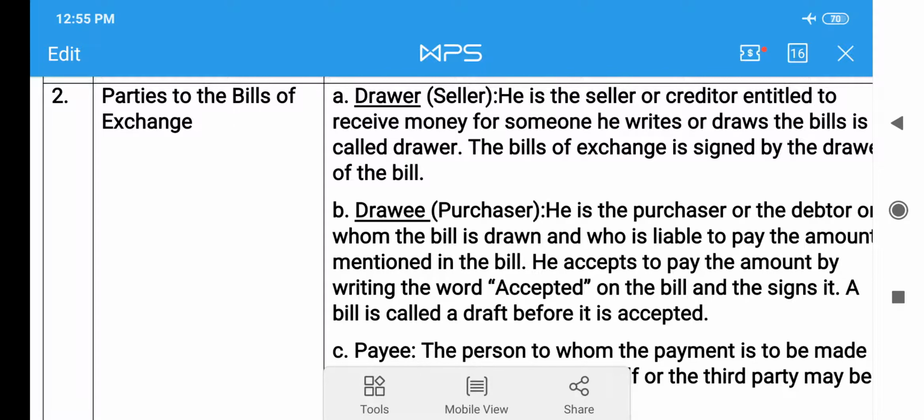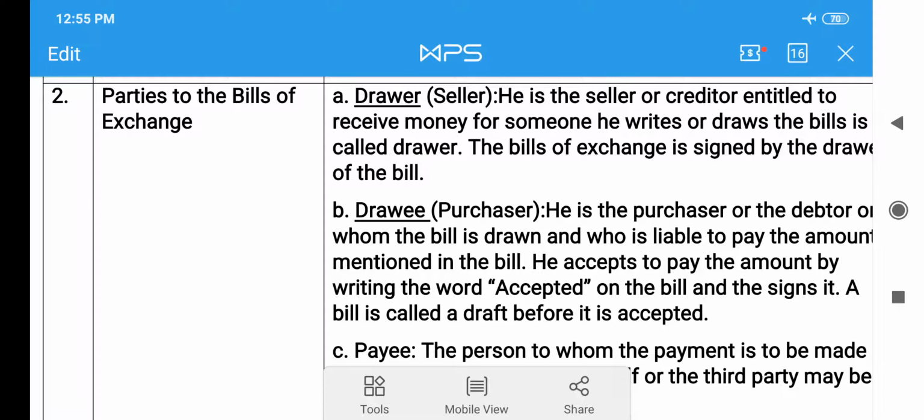As you know, whenever a business transaction takes place between more than one person, one is the seller and the other is the purchaser. So in this bills of exchange, the seller is known as drawer.